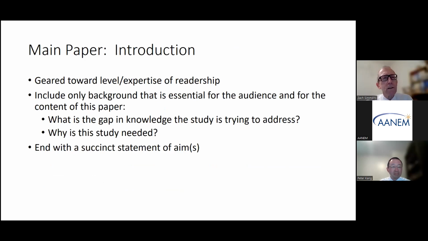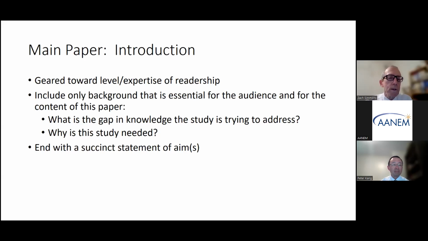A very basic description that says something along the lines of electrodiagnostic studies are one of the key methods that we use to evaluate peripheral nerve disorders is really not needed for a journal like Muscle and Nerve. The readers know that.